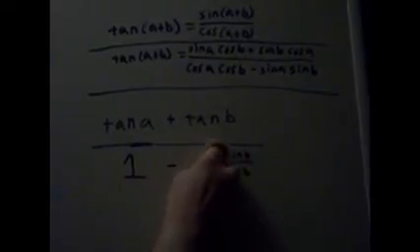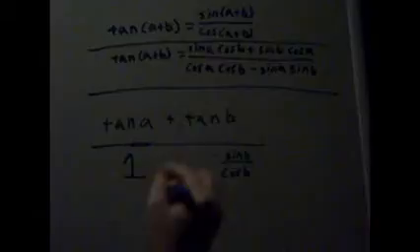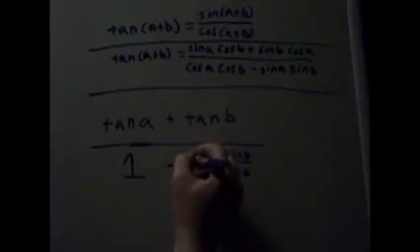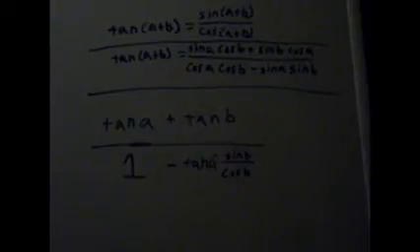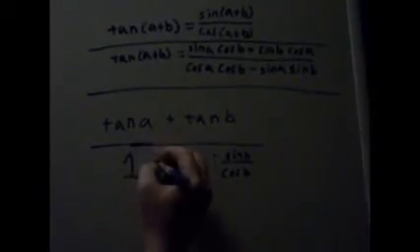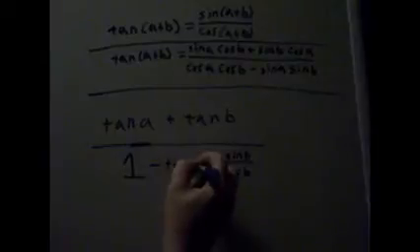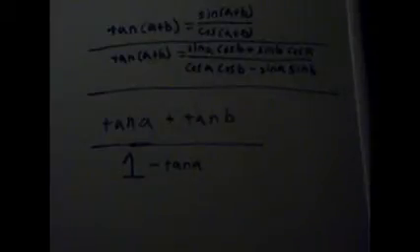Let's just wipe this out. Okay. Now, let me make sure I got this right here. Yep. It's going to be the tangent of A, and I'm going to smooth this out a little bit more so you can see it. Now, what is sine B over cosine B? Well, we'll change this to tan B.